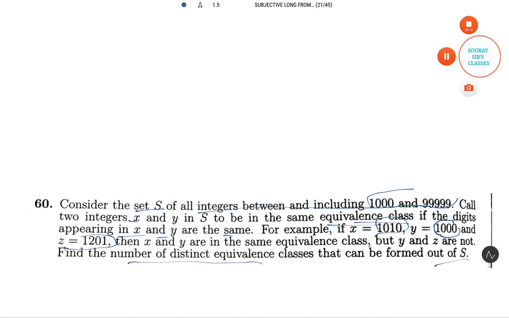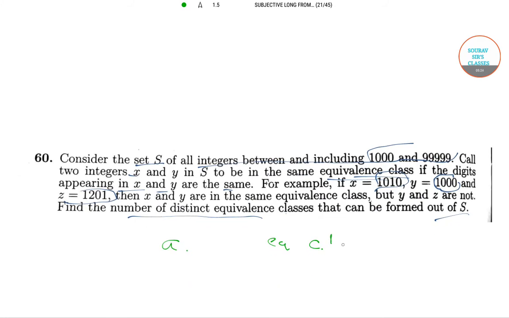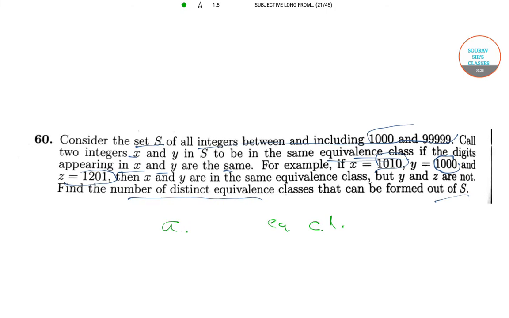Now, if A is a member of some equivalence class, then its distinct digits determine the equivalence class completely.